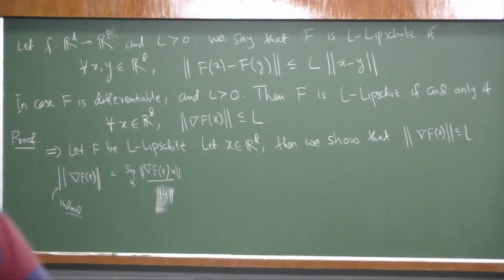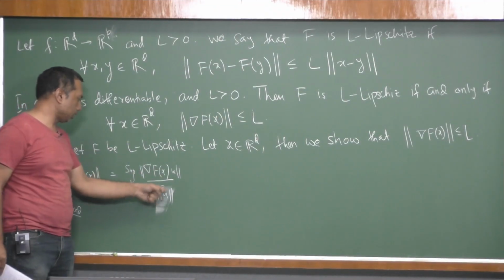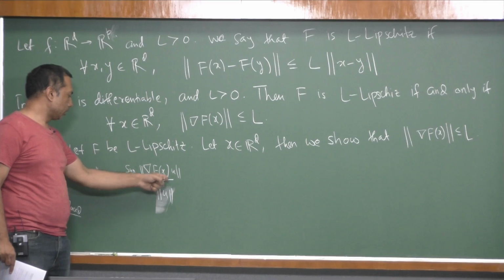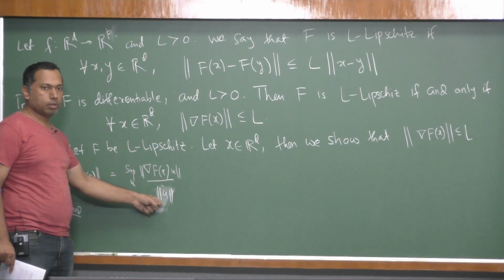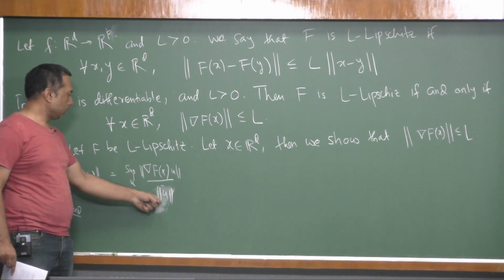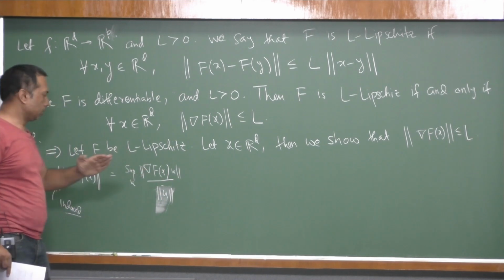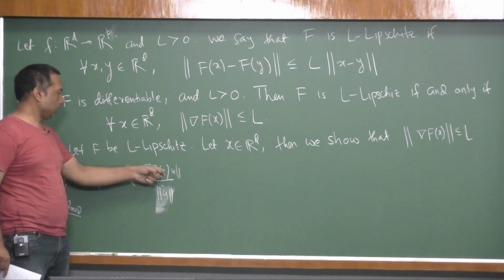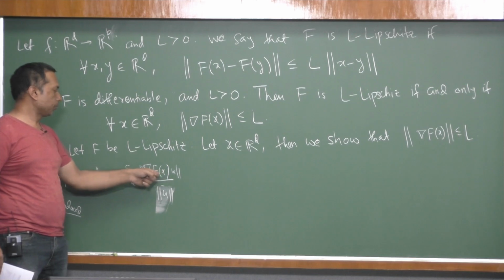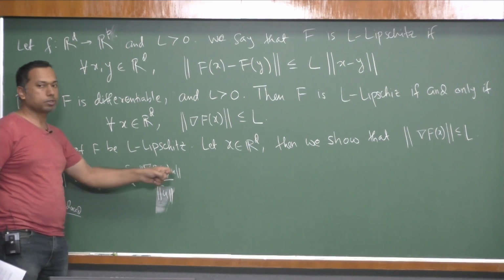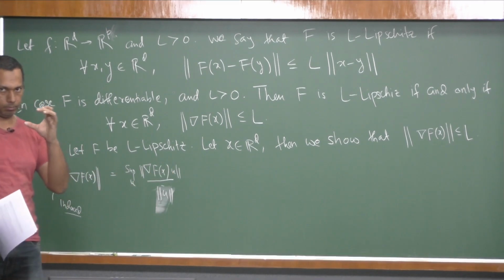Another thing we can do is, rather than saying that u is all possible u, it is enough if we check how f acts on u which is on the unit sphere.